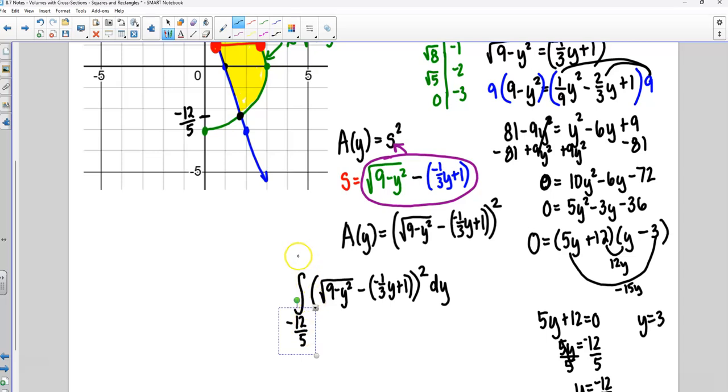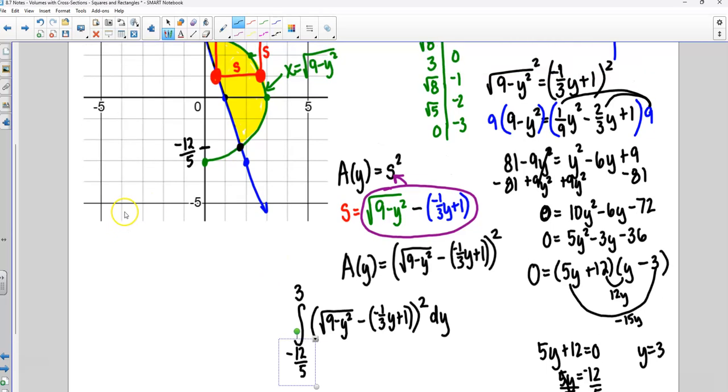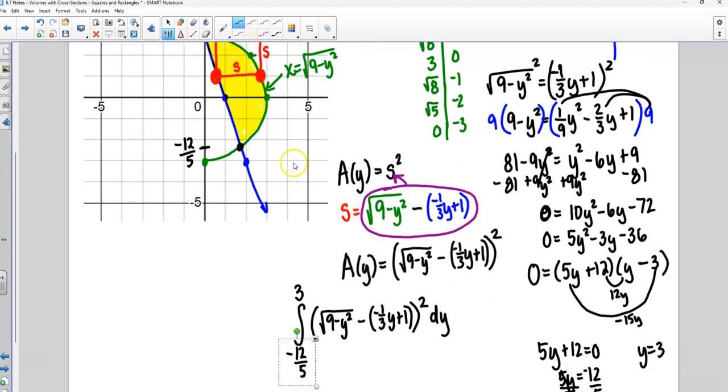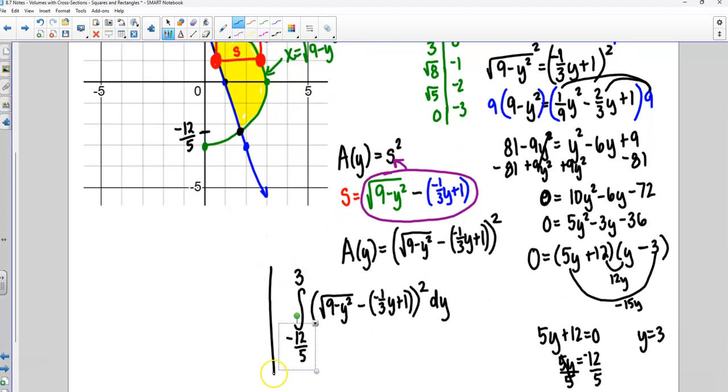What is the upper limit for this one? 3. Always look, if you have a dy over here, you're looking at the y-axis for those values. It is not 0 to 3, which is what you'd have if you were looking at the x-axis. It is lowest on the y-axis, highest there. And they told you that you did not have to evaluate, so this is it.